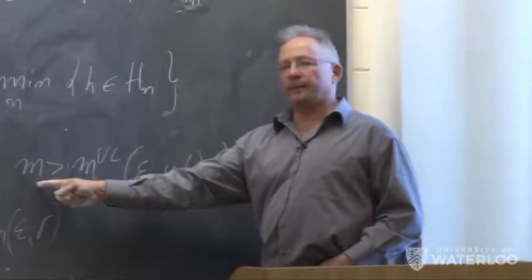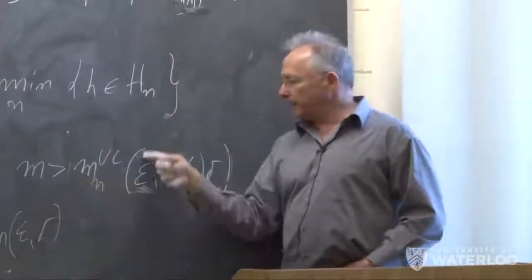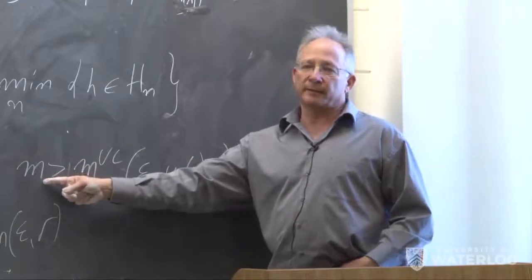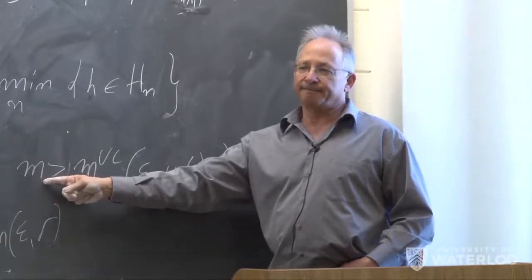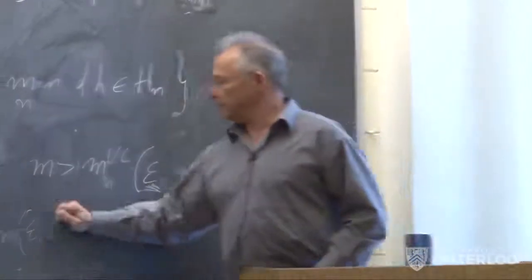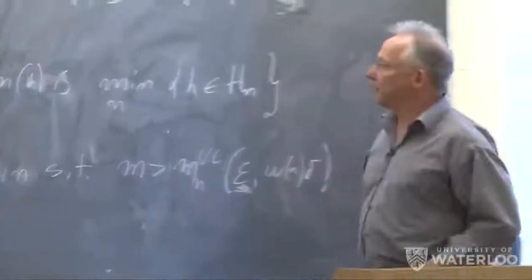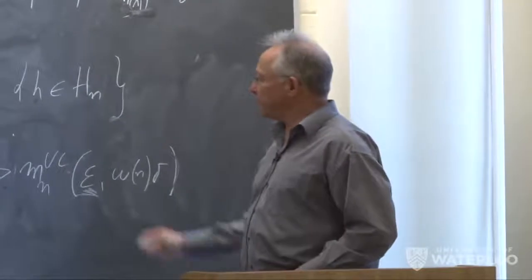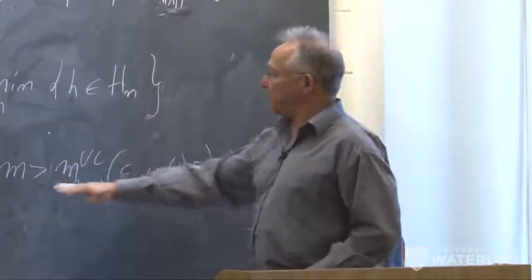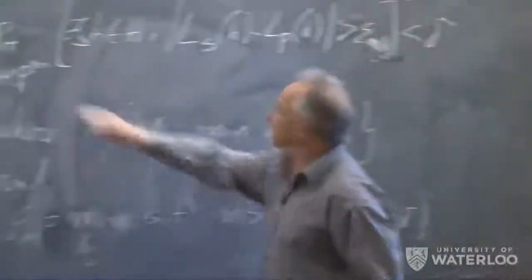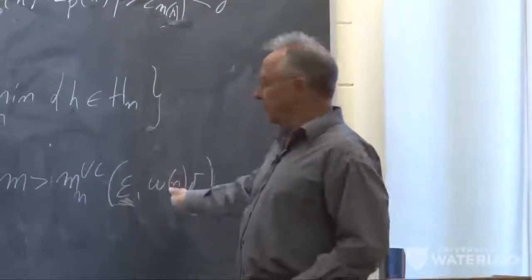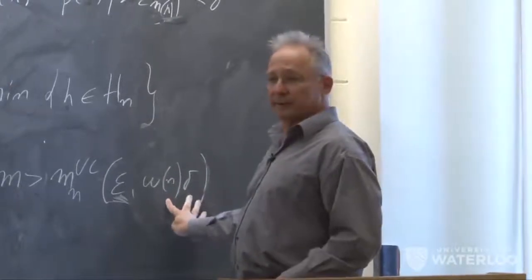If this is my sample size, what is the minimum epsilon such that this sample size will still suffice to learn the class Hn with this confidence?